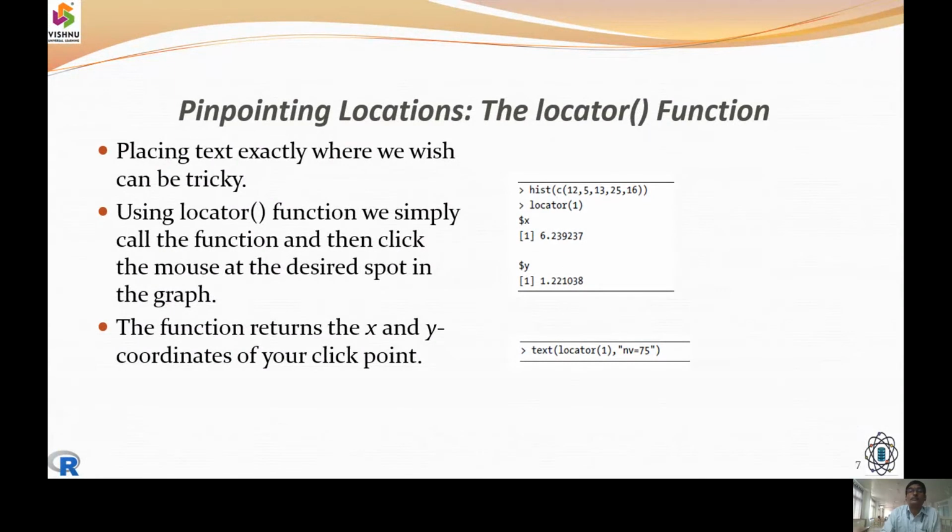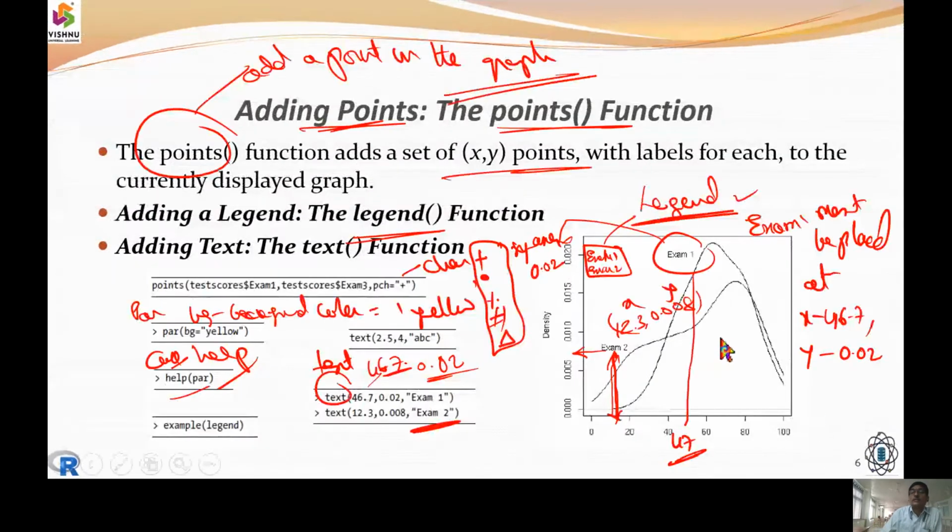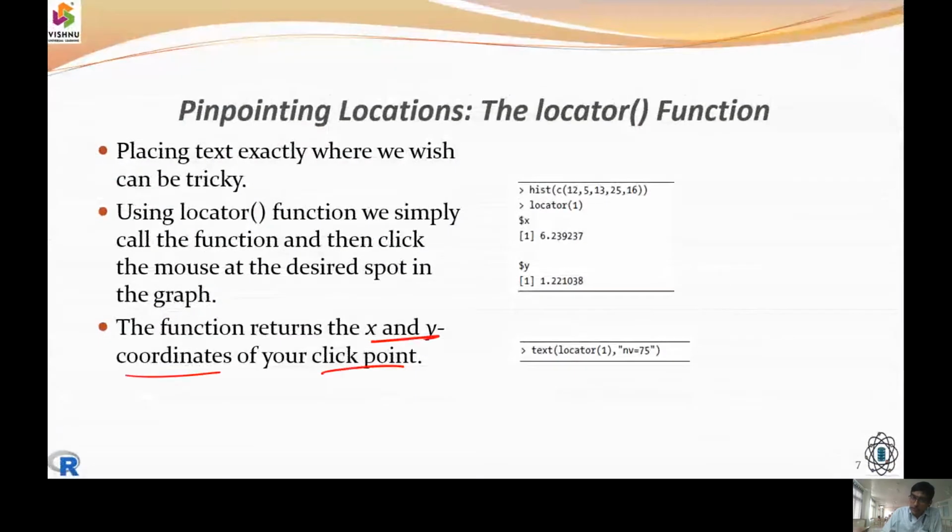Next one was, I want to know the X and Y coordinates on the click. That means I will hit my cursor at some position on the graph. The position where there was a hit operation from my cursor, the position should be displayed. Okay.